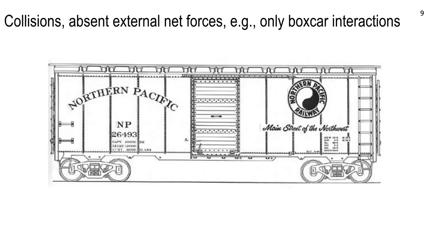And the nice thing about this example, the box cars, and then the example of the skateboarders, is that it's really effective for understanding an enormous amount of physics, because the coin of the realm is momentum.